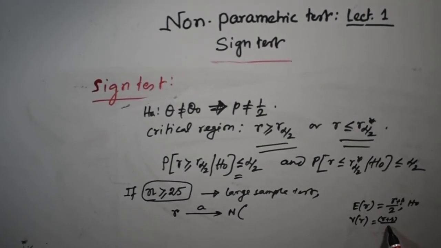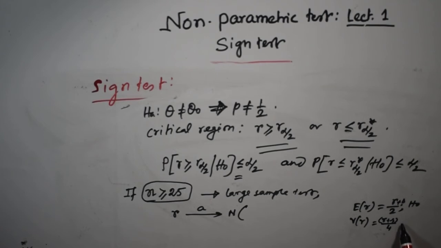So under H naught, the variance is (R plus S) by 4.